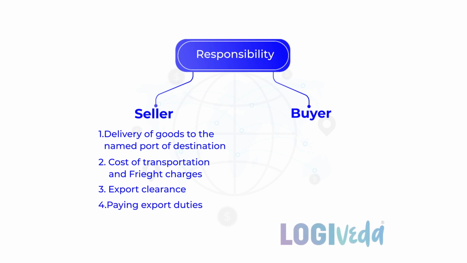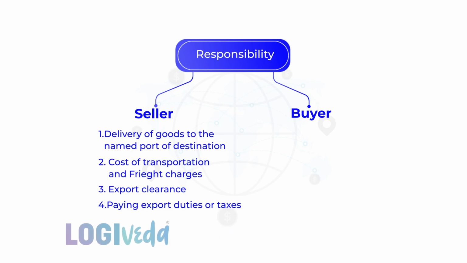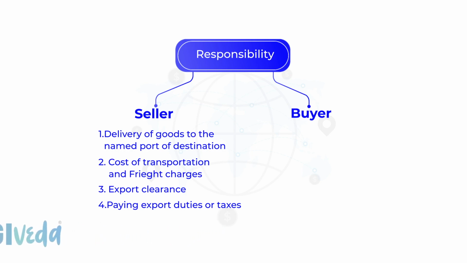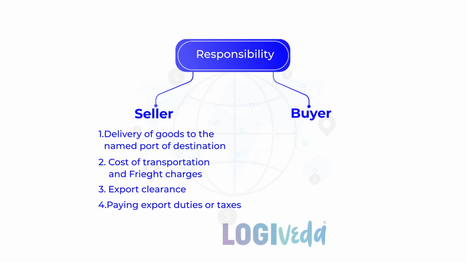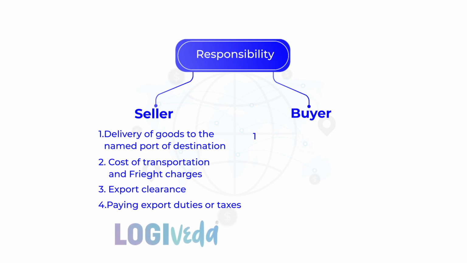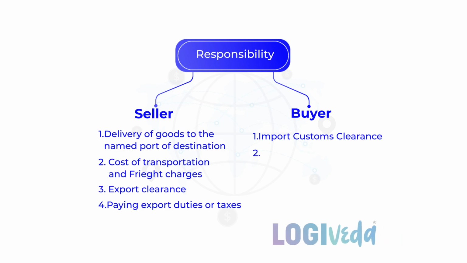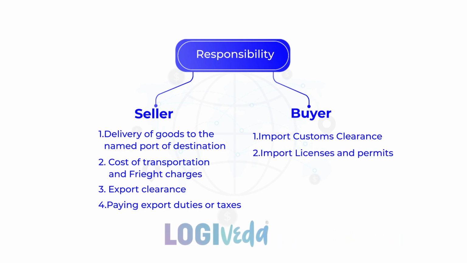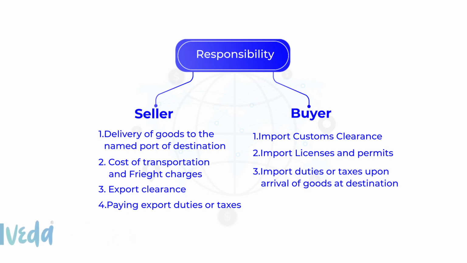Buyer's responsibility. Now let's shift our focus to the buyer's responsibilities in a CFR transaction. The buyer's responsibilities include: first, import customs clearance. The buyer is responsible for obtaining the import licenses, permits, and paying any import duties or taxes upon the arrival of the goods at the destination.